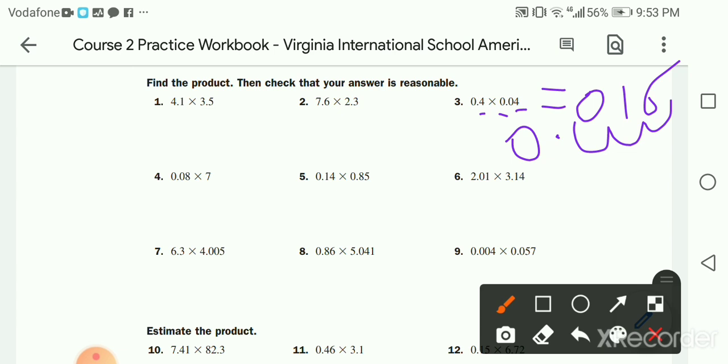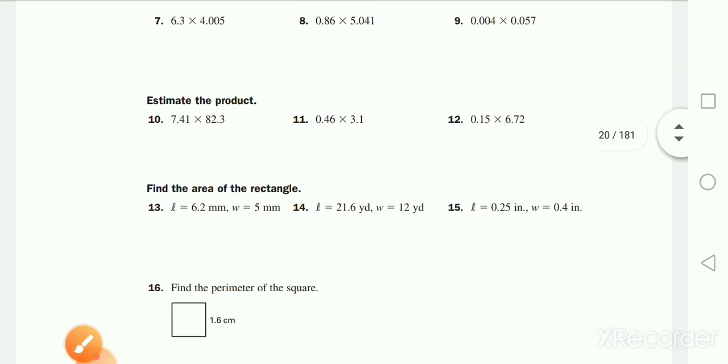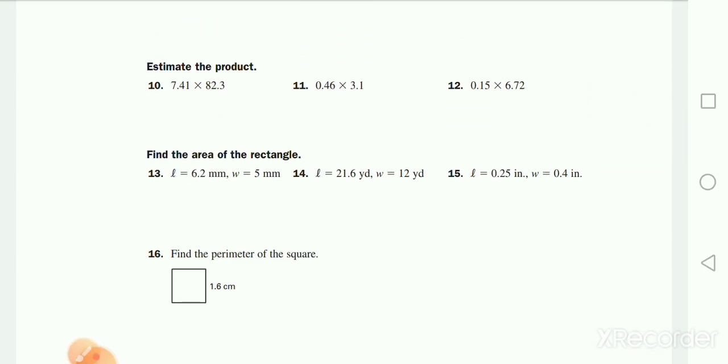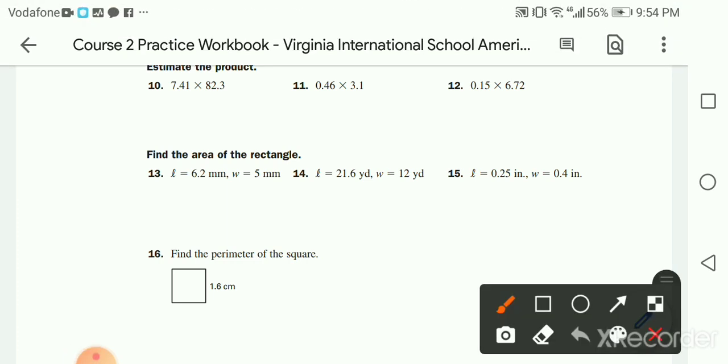Then I have here estimate the product, number 10. Can you see number 10? Let's do it together. It's very easy and interesting. 7.41: the 4 is less than 5, so after estimation it will be 7.